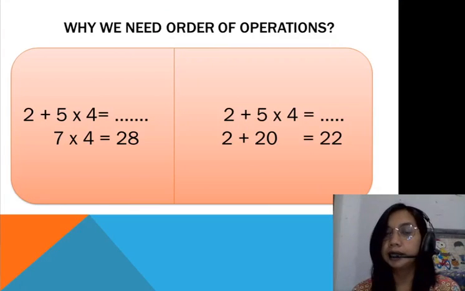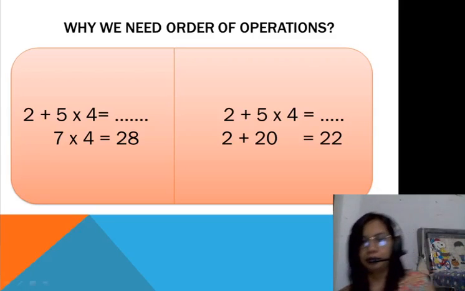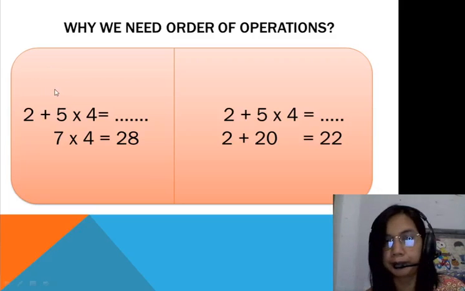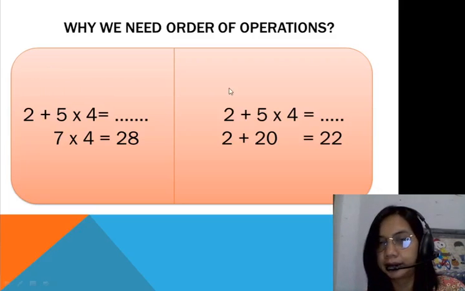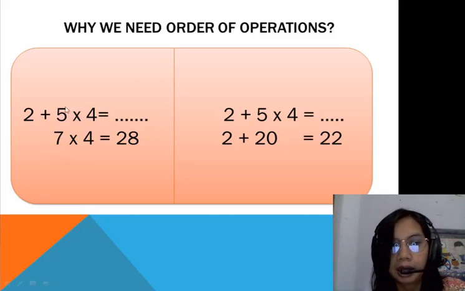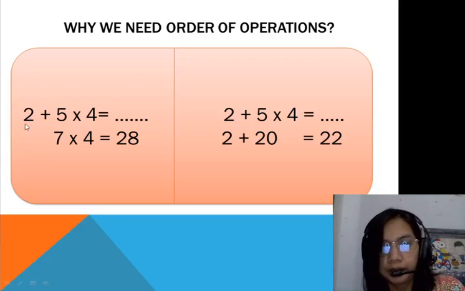Why do we need order of operations? Okay, I'll give you an example. This is the first person's answer and this is the second person's answer. Look at this: 2 plus 5 times 4 equals. The first person does this: 2 plus 5 equals 7.